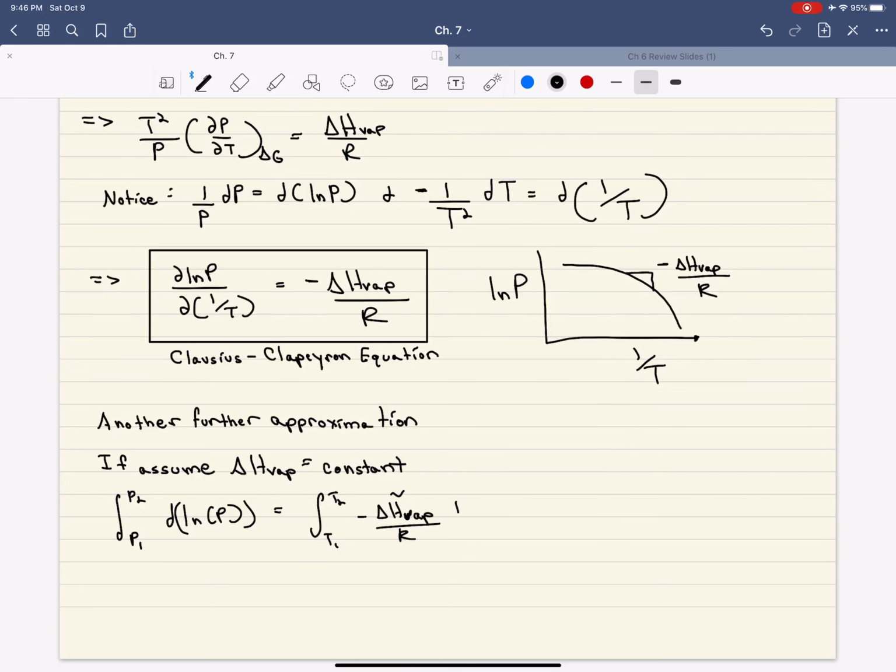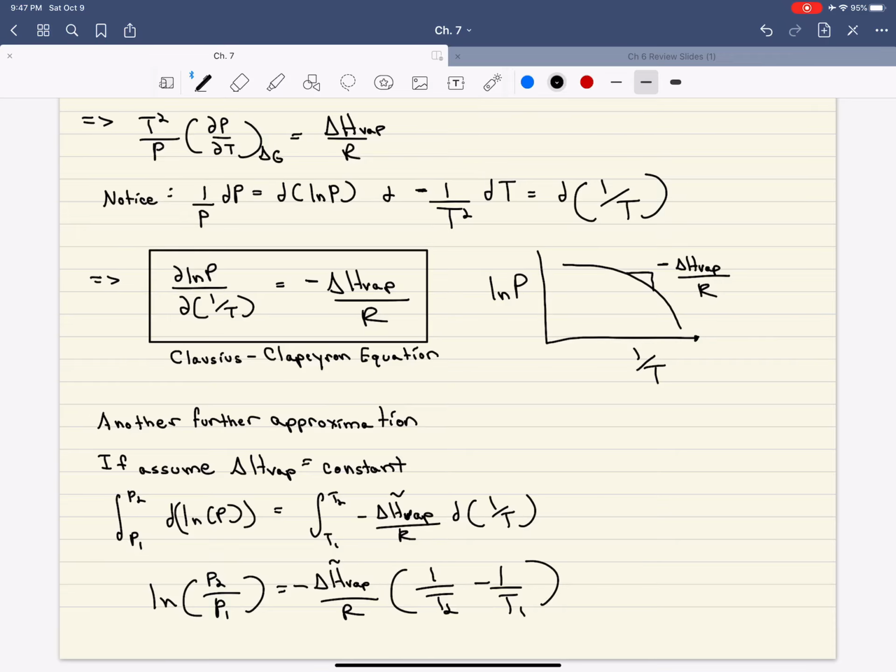R d 1 over T. Okay. And when they do that and integrate it out, they get this. Okay. All right, and so this is another form of the Clausius-Clapeyron equation.